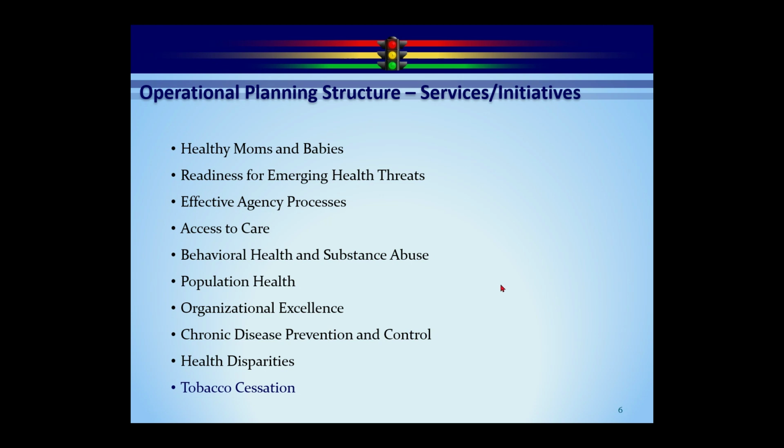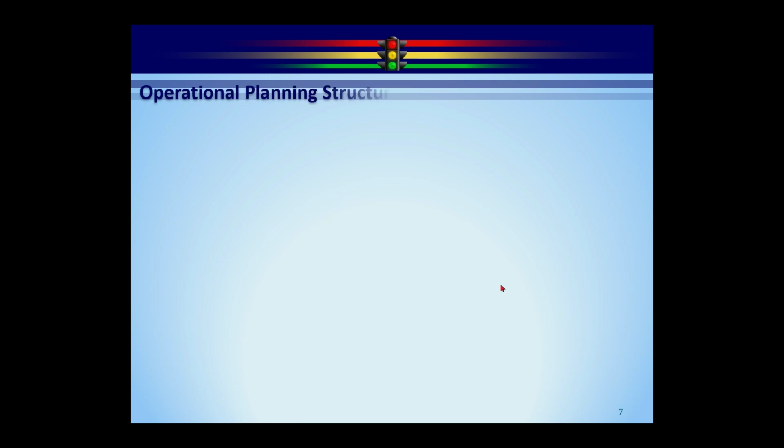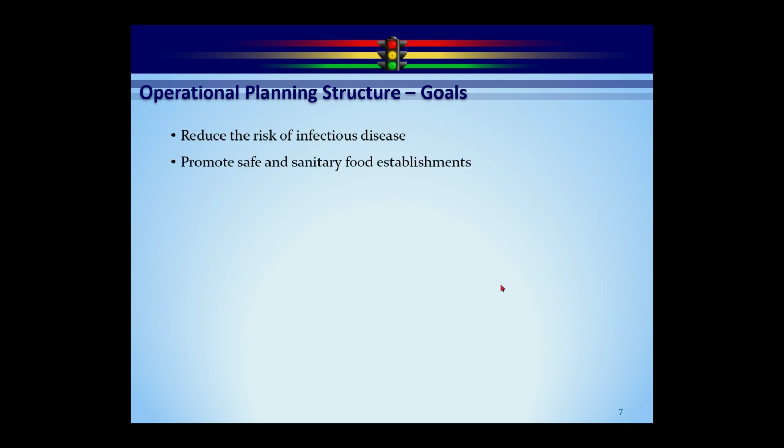Now, underneath the services initiatives, where we start getting down to the real actions in here, we're starting out with what we call the high-level goals. So high-level goals are typically an action verb followed by a few words. It gives you a big picture definition of what we're trying to accomplish. So again, here's some live examples. Reduce the risk of infectious disease. Promote safe and sanitary food establishments.